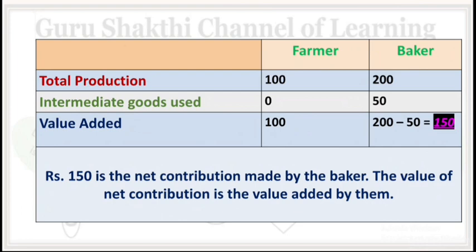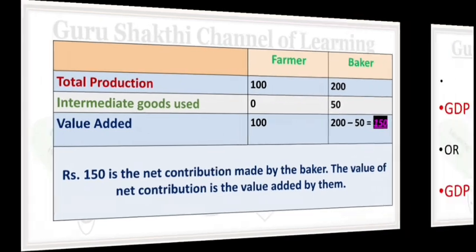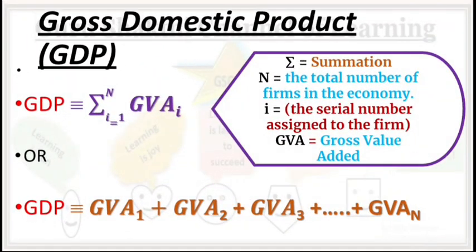But what we actually need to get gross domestic product is gross value added. A firm always has its capital goods, which are used to produce products. Even the baker's firm has capital goods, which might need replacement or repair.